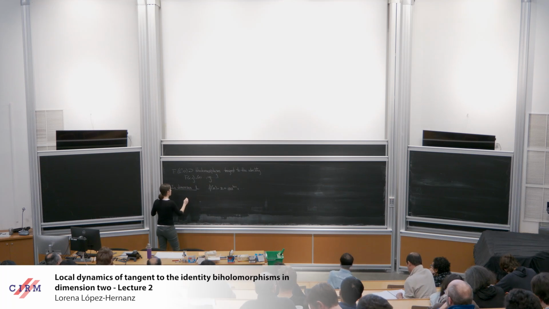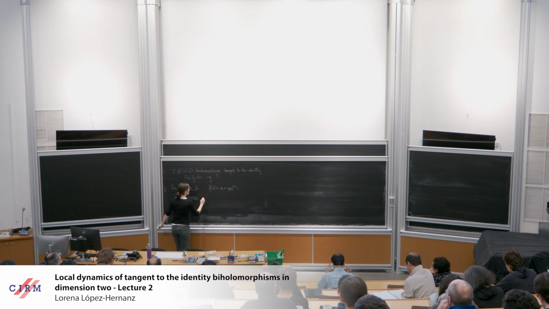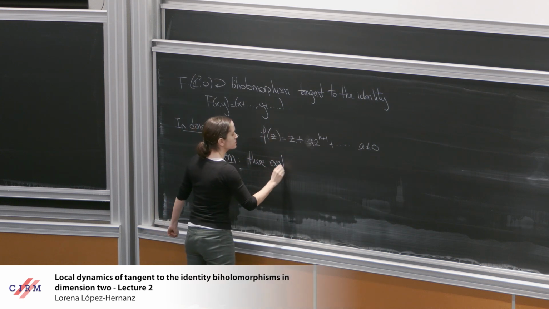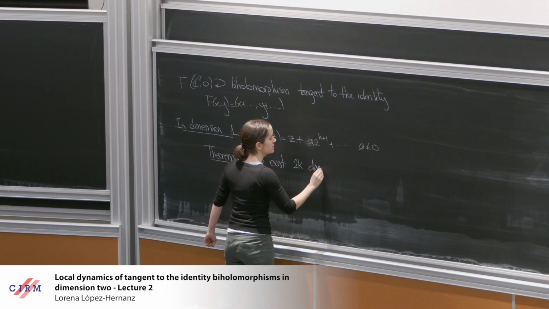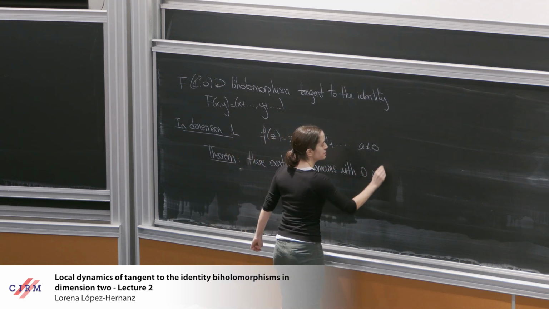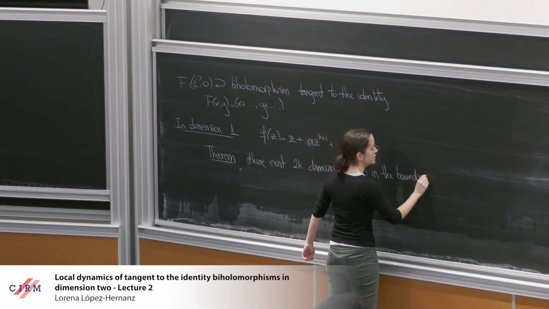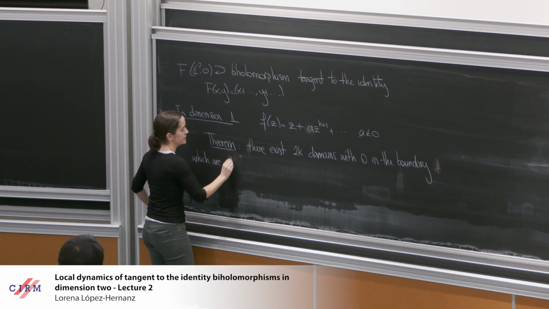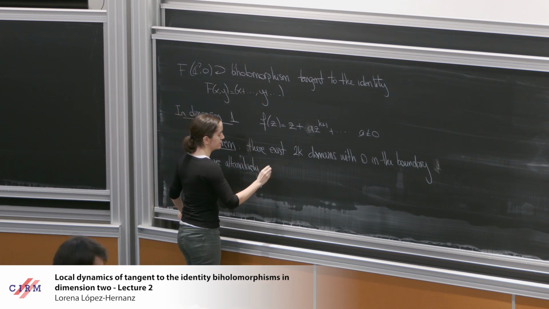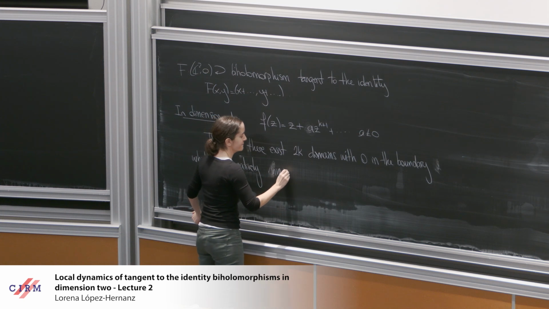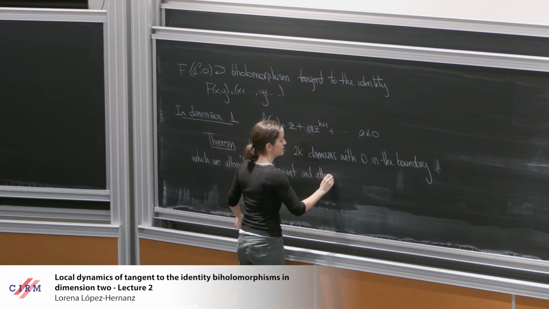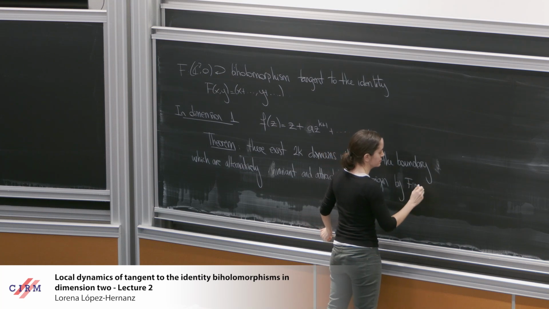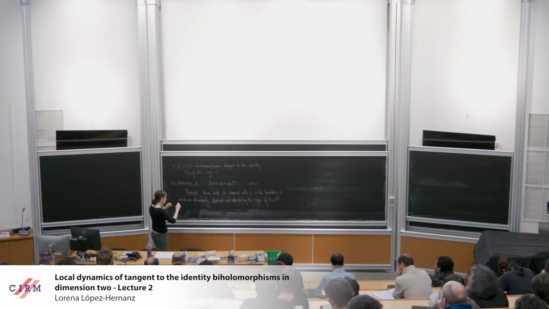Okay, so this tells us that there exist two domains with 0 in the boundary, which are alternatively invariant and attracted by the origin by F or its inverse. And together they cover a whole punctured neighborhood of the origin.